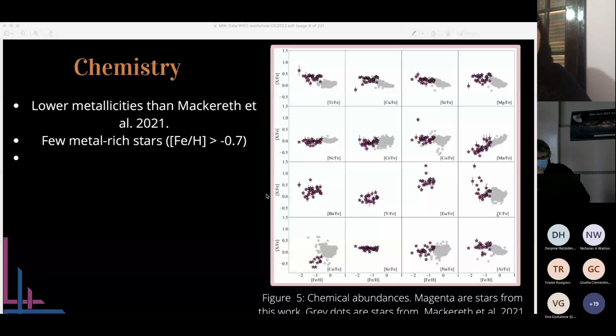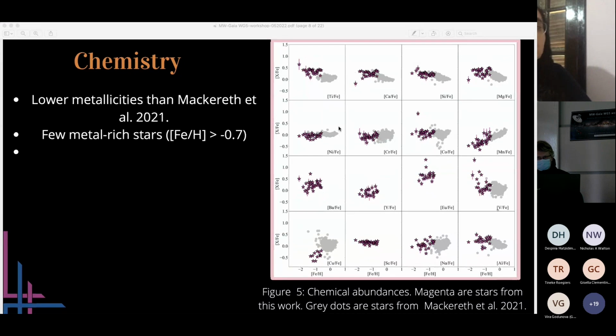So I think the very first thing that we see here is that our results are going towards a lower metallicity regime than the reference article. If you see here, the stars that we worked with in this work are the magenta stars, while the stars from Mackereth and collaborators are these gray stars.